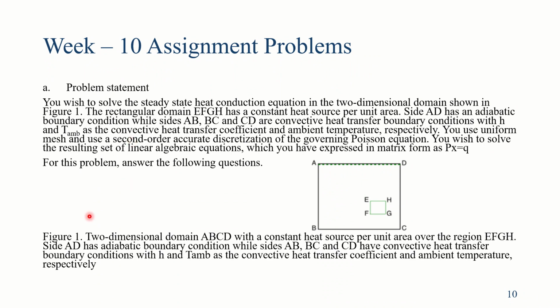So, we have a two-dimensional domain ABCD with a constant heat source per unit area over the region EFGH. AD has an adiabatic boundary condition. AB, BC, and CD have convective heat transfer boundary conditions, with h as the convective heat transfer coefficient and T ambient as the ambient temperature. That is what is given.